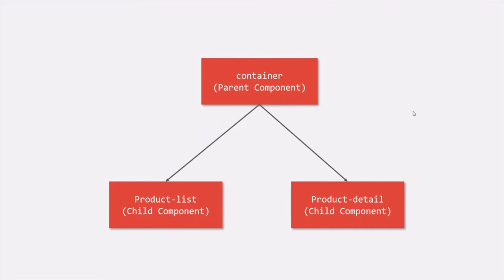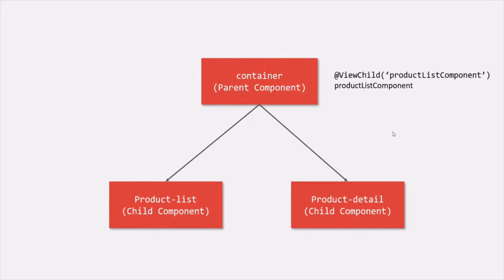Another way is, again, we can use the ViewChild decorator, and using the ViewChild decorator, we can get access to this product list component. We can have a reference to this product list component. So here I'm creating a property called product list component, and on that I'm using the ViewChild decorator, and using that I am getting a reference to this product list component.